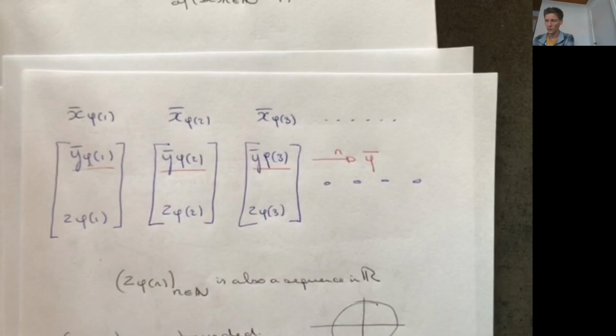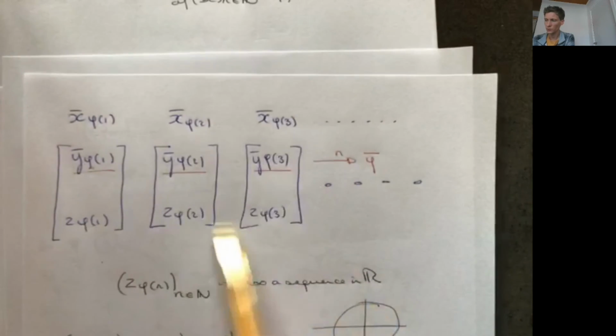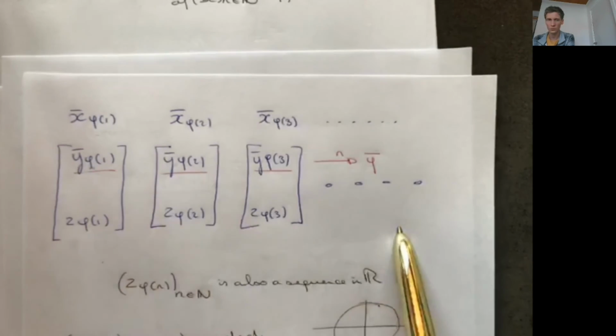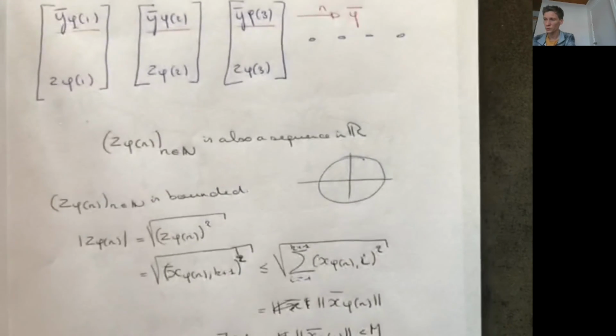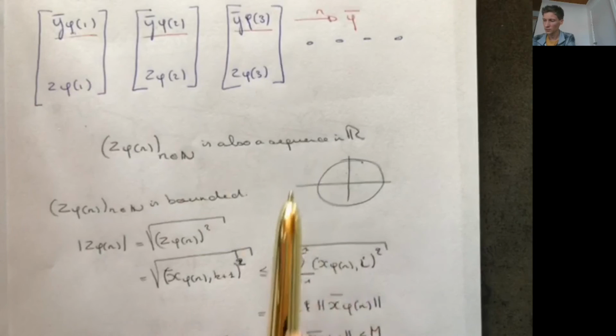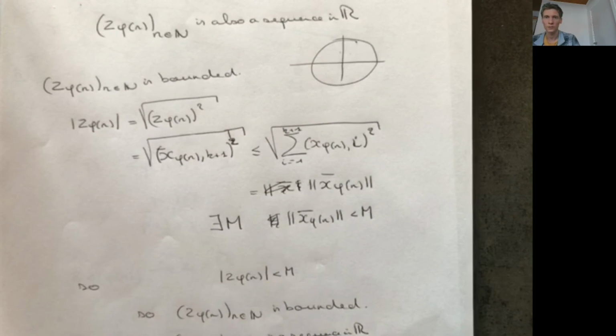Then we know that the first part converges, but we don't know if the second part of z's also converges. What we do know is that z is also a sequence in R, and we have shown that it is bounded, so it has a convergent subsequence.